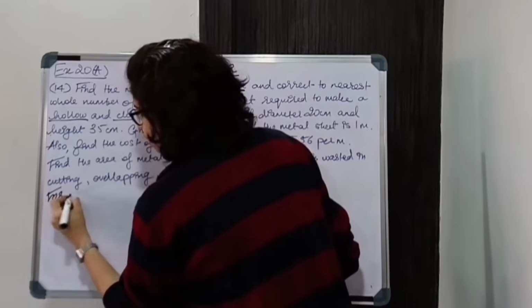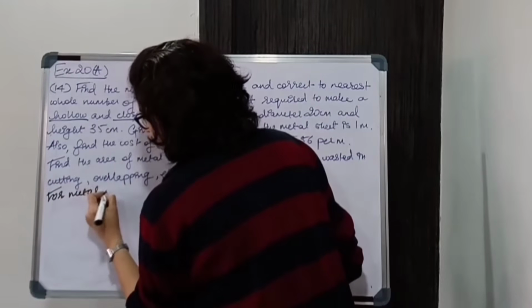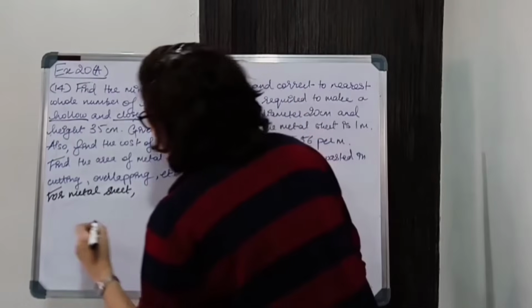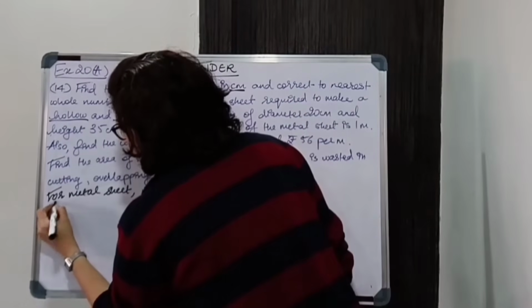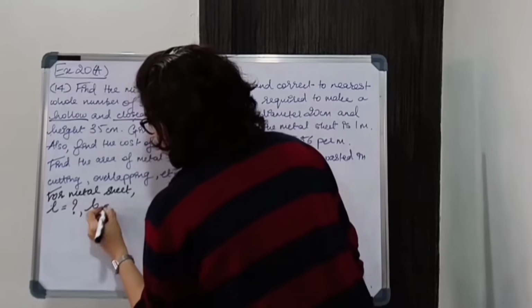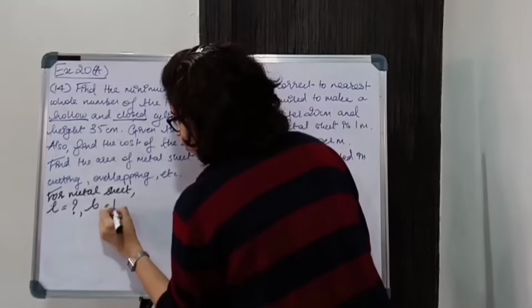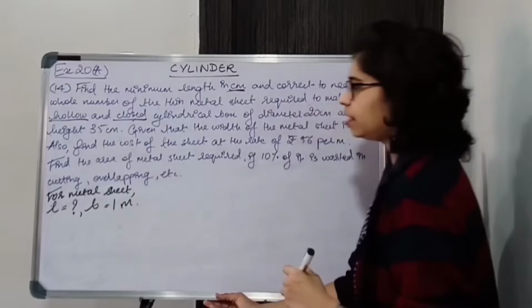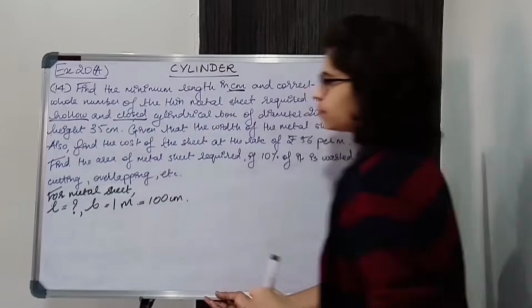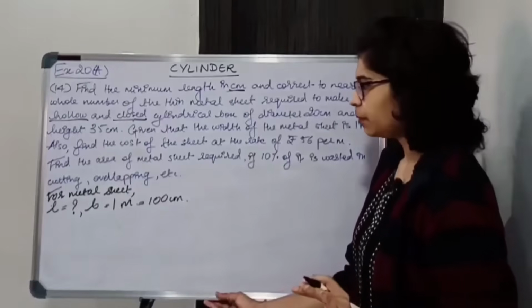First for the metal sheet. So for metal sheet, what are we given? We are given that length we don't know and breadth is equal to 1 meter, ठीक है, and is equal to 100 centimeter. This is what we are given.